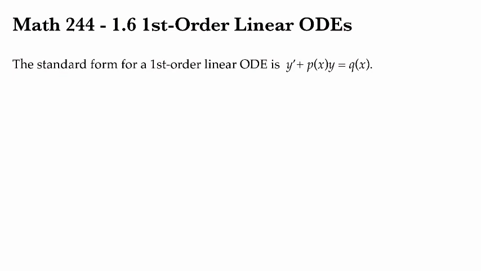All right, so in the homogeneous case, we have y prime plus py equals 0 because it's homogeneous.